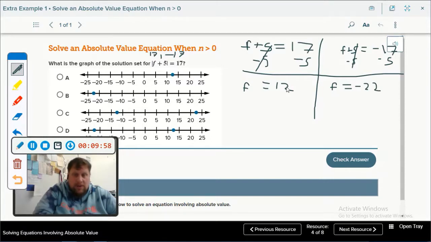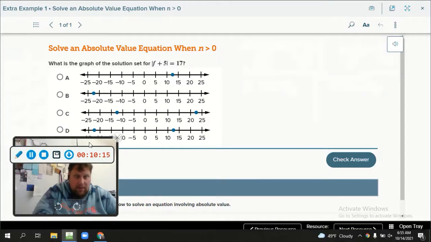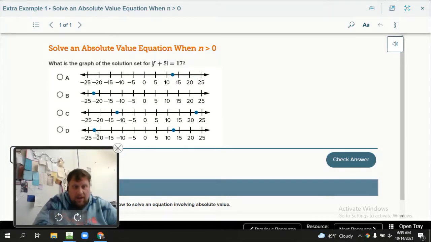So which one has a 12 and a negative 22? Well, let's see. Not that one. That is a 12, it looks like, and that is a negative 22, but this one's weird. Oh, look at this one, the one I'm covering up, right? Get off my drawing. Look at that, negative 22 and 12, so it's going to be D.